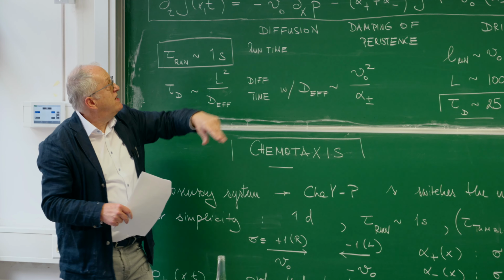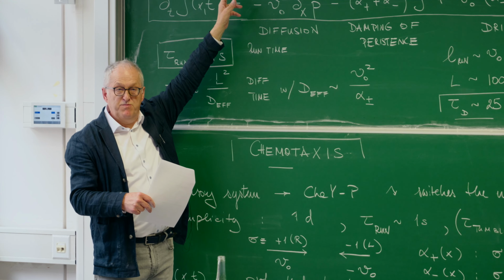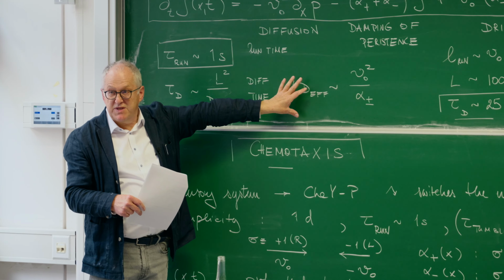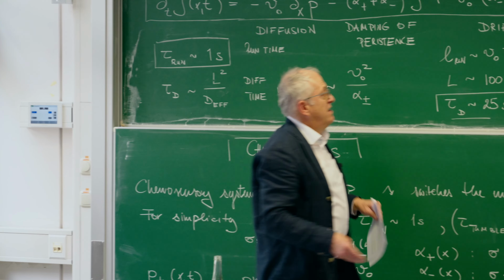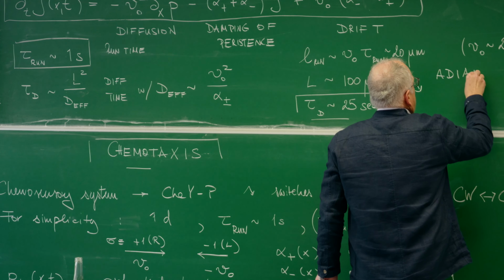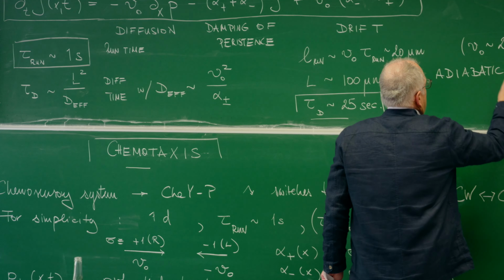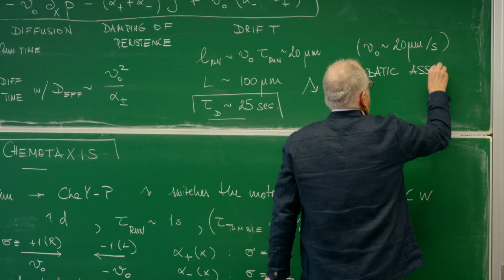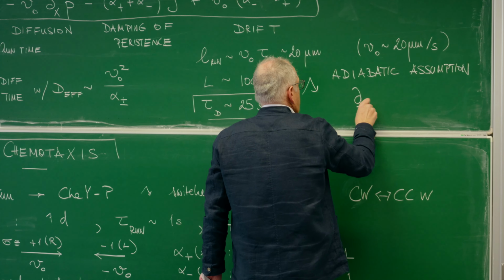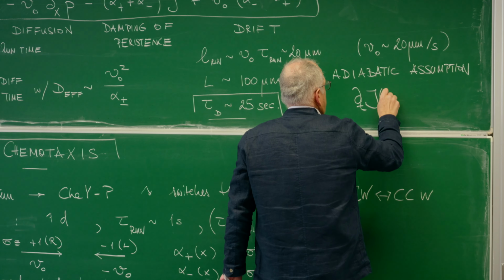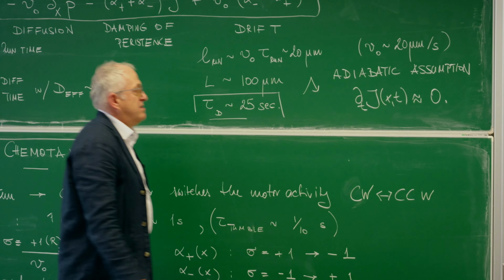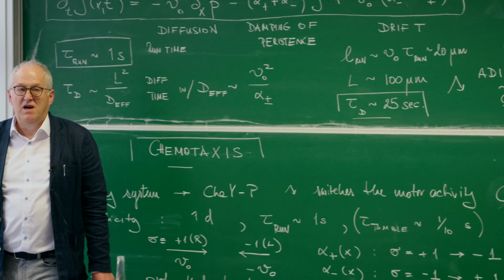That will equilibrate on the time scale that you have the temporal evolution of the density because of this time scale separation. Okay, so because of that, we can do an adiabatic assumption saying that on the relevant time scale we are interested in, the time evolution of the density has equilibrated.